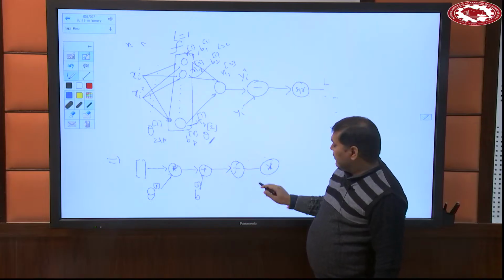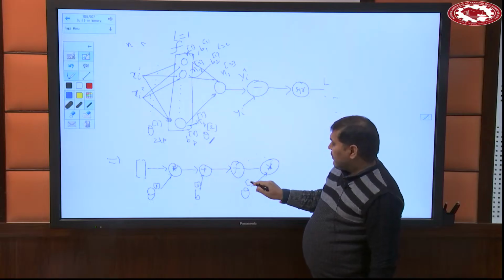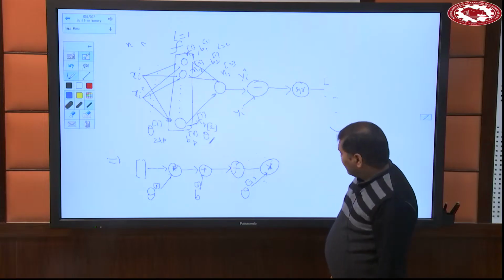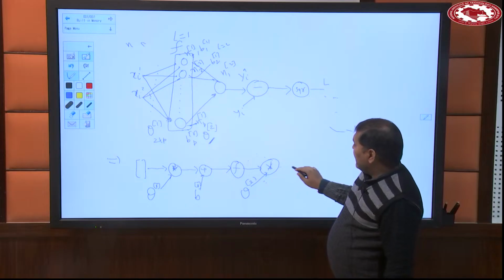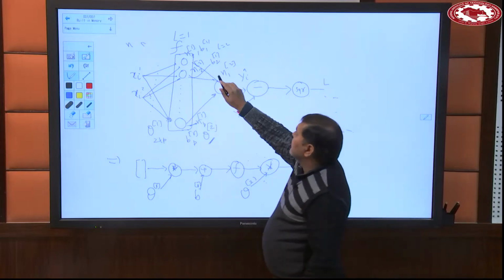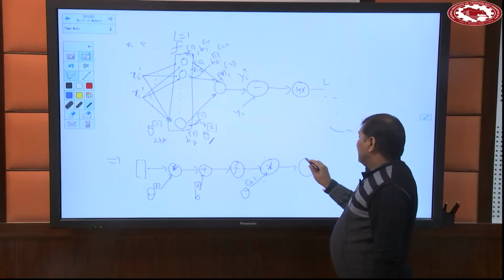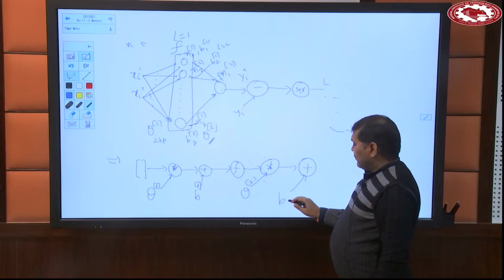If you compute the gradient later on, you might get a Jacobian. Is it clear? Then you have to add the bias here. This unit also has a bias, b1 for the second layer.